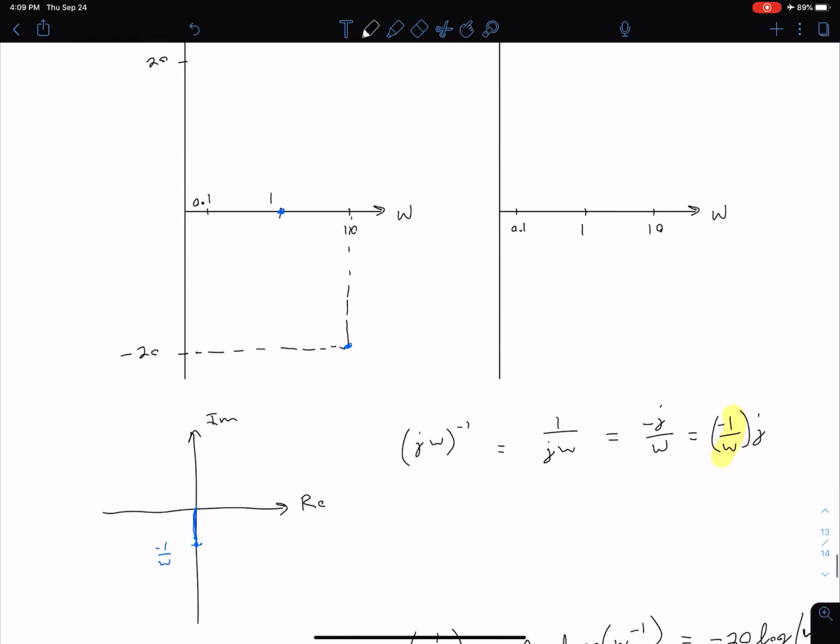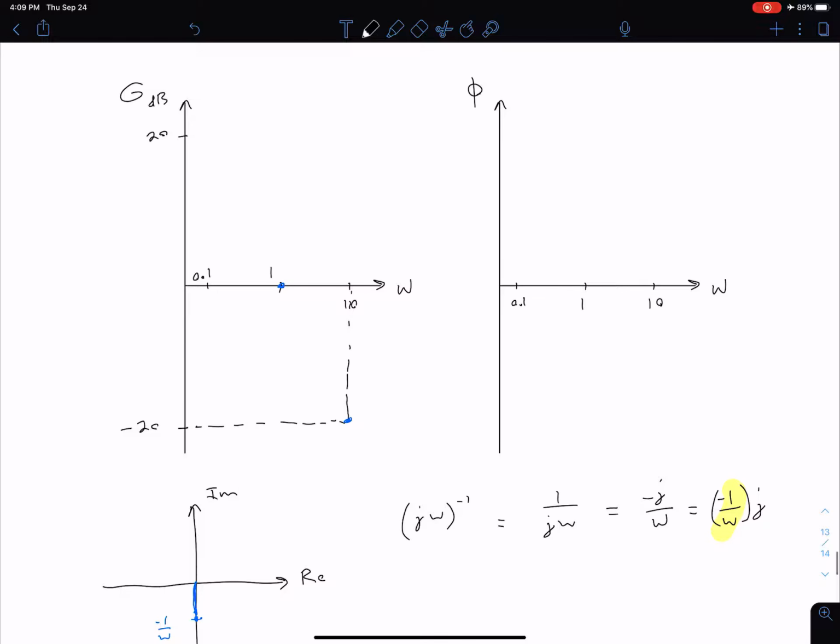Negative 1 times negative 20 is going to give us a positive 20. So we're going to have another point on this line here. So we can connect those three, and that's going to keep going in either direction as our frequency increases or decreases. And so we notice it's the same sort of form, but now our slope is just the opposite. So our slope is now equal to negative 20 dB per decade. So as we increase a decade, we're decreasing our gain by 20 decibels.